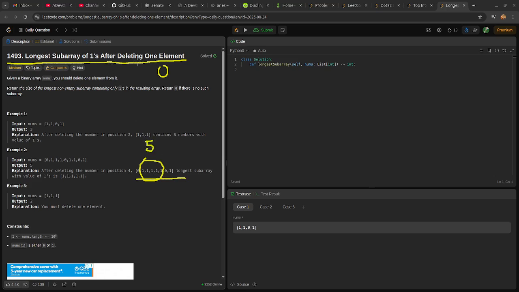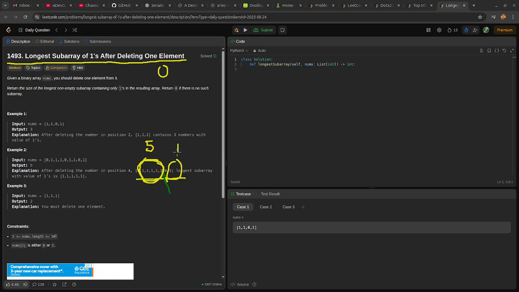And another possible answer is we connect two subarrays separated by a 0. If there's a 0, we're going to add the length of this one and the length of this one.